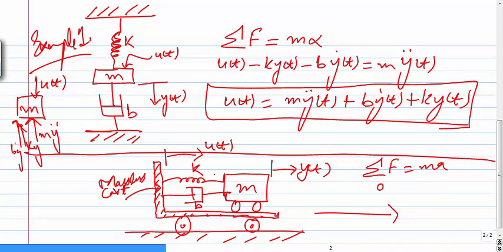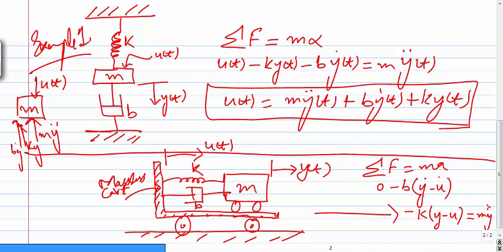So due to that, this is equal to minus b times y dot minus u dot. Okay, due to the damper. Similarly, due to the spring it is minus k times y minus u, is equal to m, and m is with y, so it is y double dot.